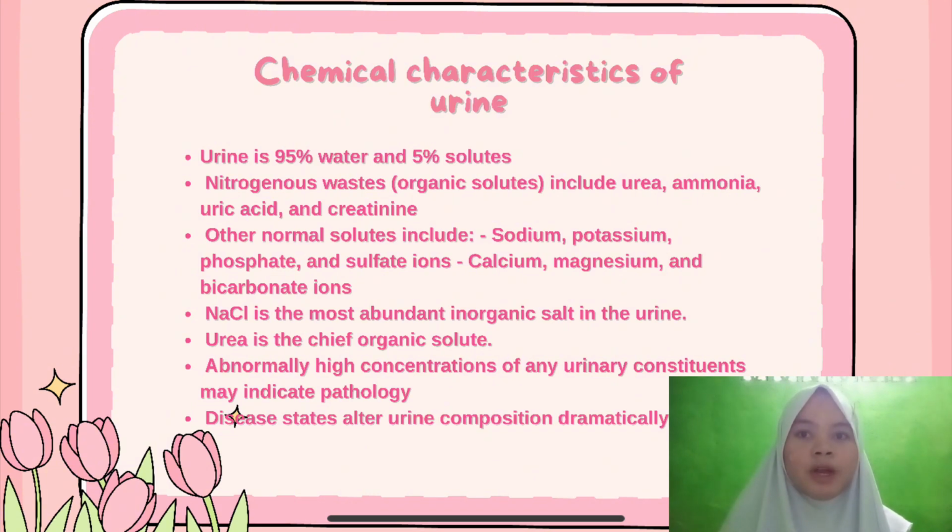And another, uric acid, a waste product of purine metabolism, also excreted in urine. Other organic compounds are trace amounts of amino acids, glucose, and other metabolites that may be present in normal urine.